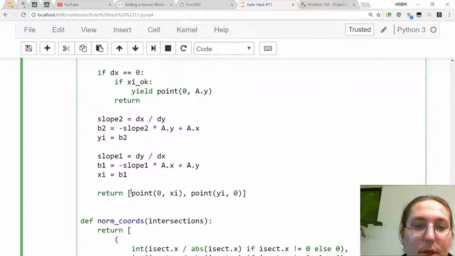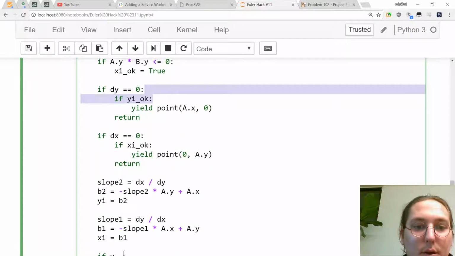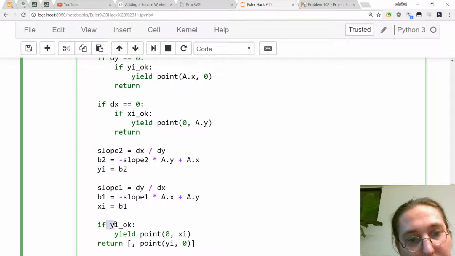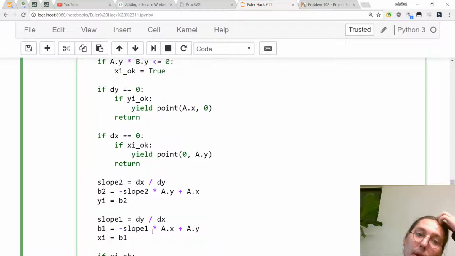Because then down here, all I have to do is if the y-intersect is okay, then yield the y-intersect, or the x-intersect, I guess.